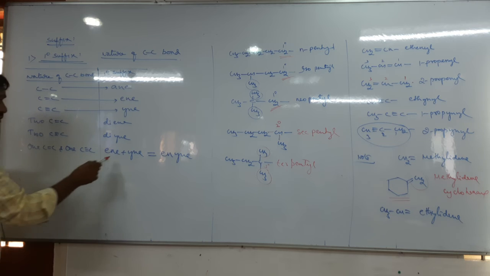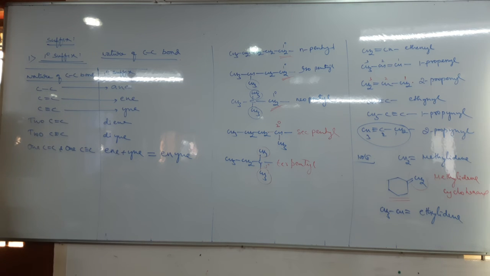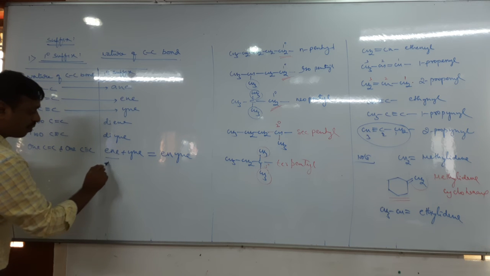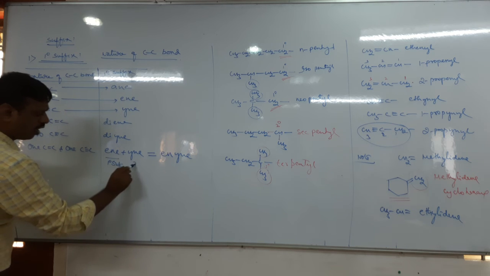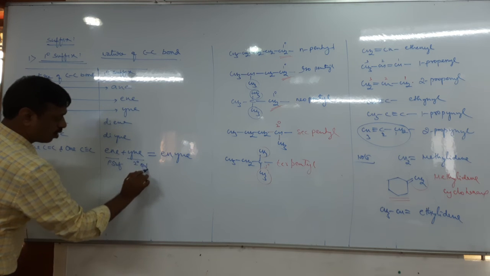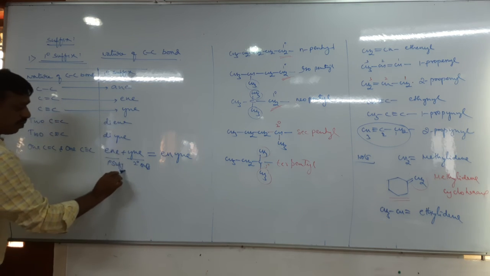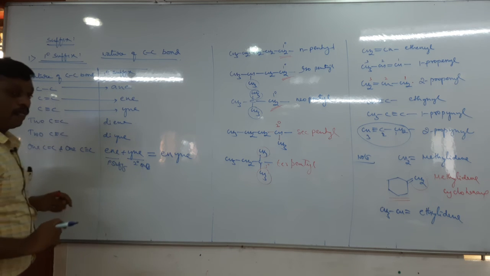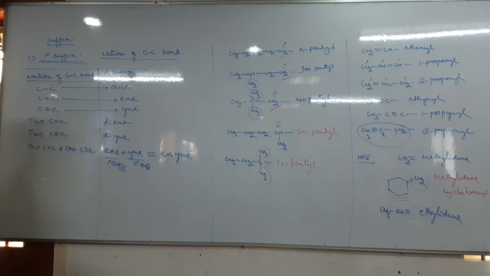But ene plus yne equals enyne. So what should be removed? Letter E. Why? Here, ene is the primary suffix and yne is the secondary suffix. See, for the secondary suffix, there is a rule.